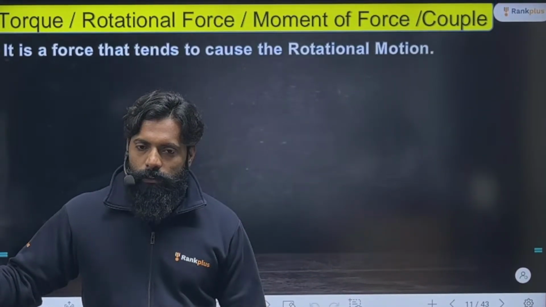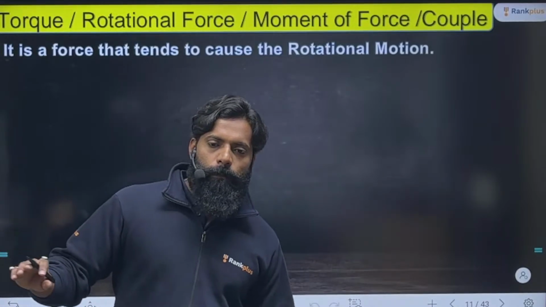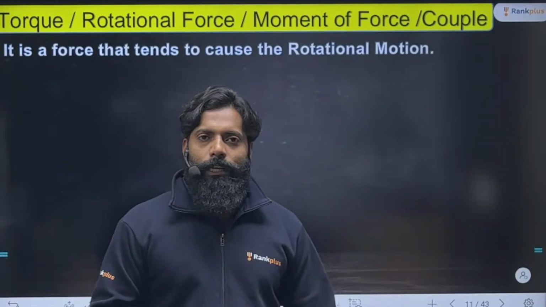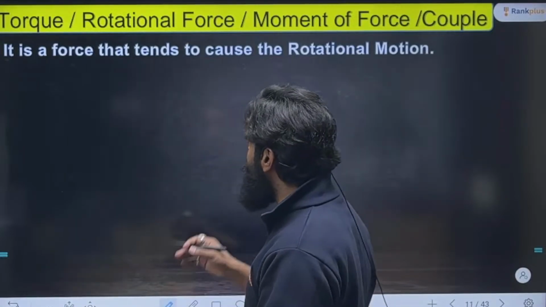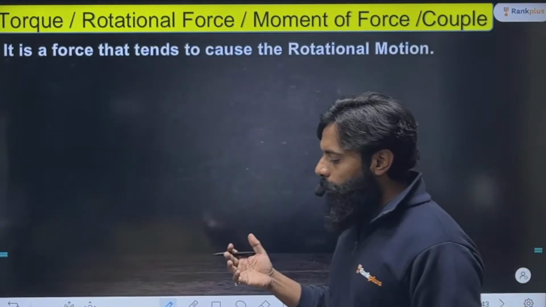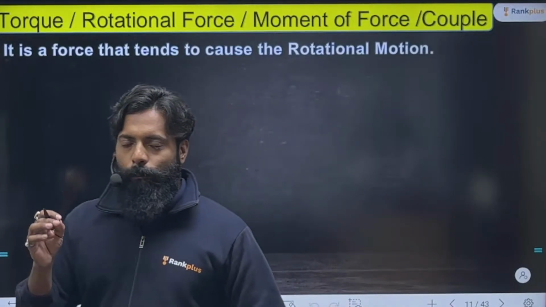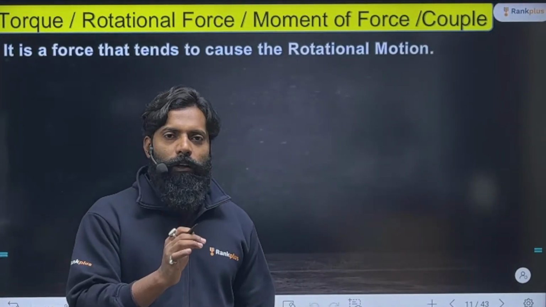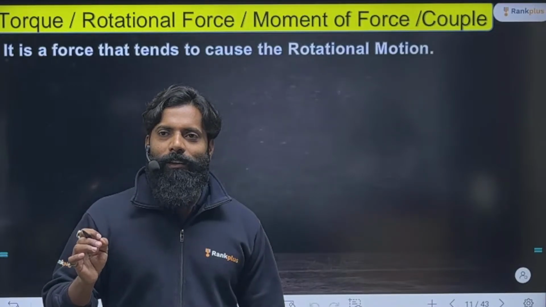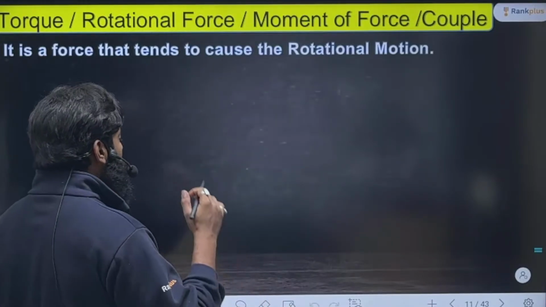Now let's learn a new topic, which is torque. This is also known as rotational force, or moment of force. And if this is a pure form of torque, we would say it is a couple. So what does it actually mean?